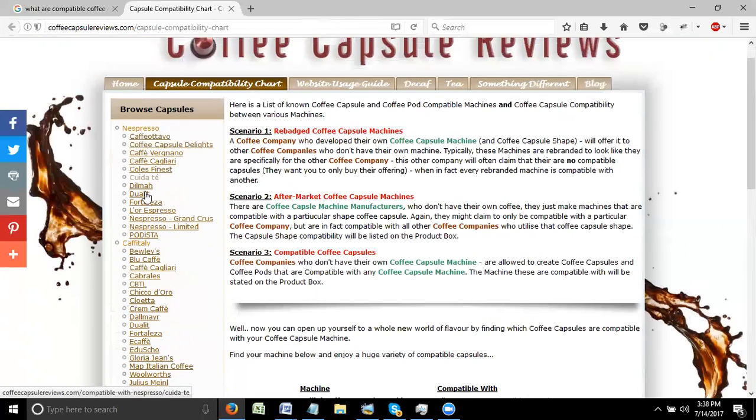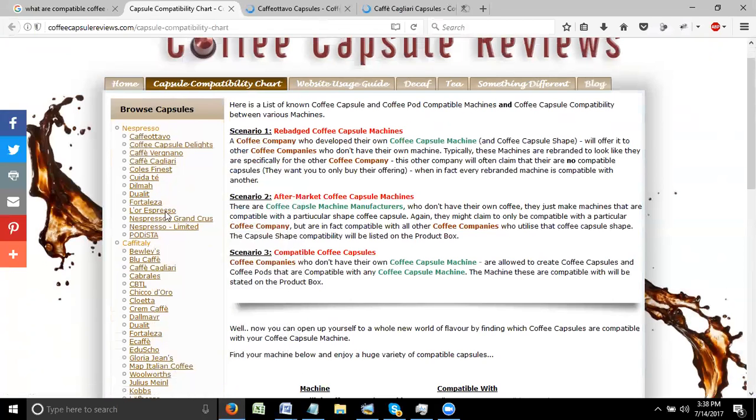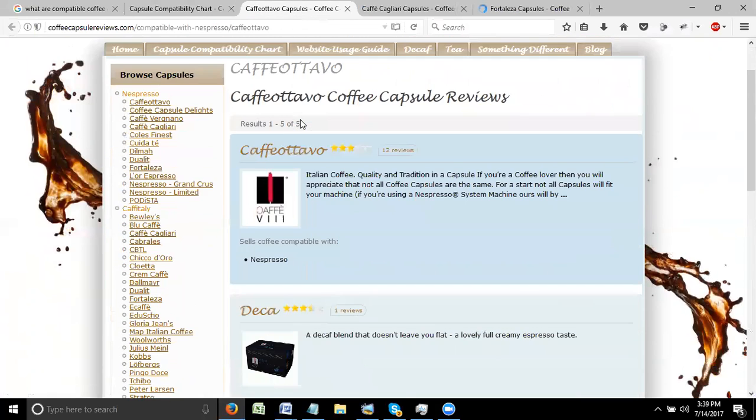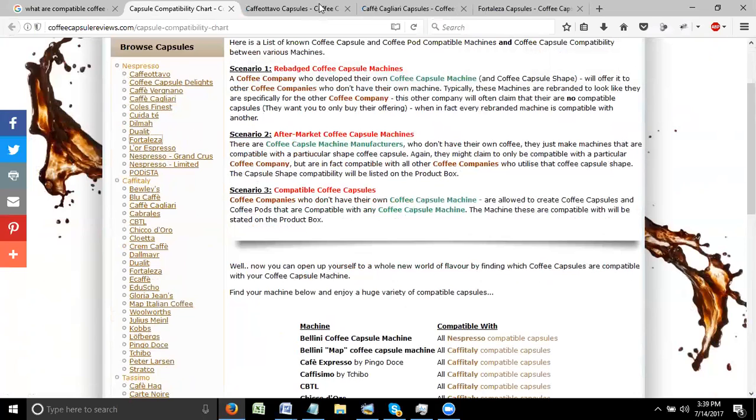And one thing I notice is there's a lot of things here that I don't know, a lot of terms that I don't know. So I'm just going to check these. And my guess is that these are the machines. These are the coffee machines where the capsule will fit.